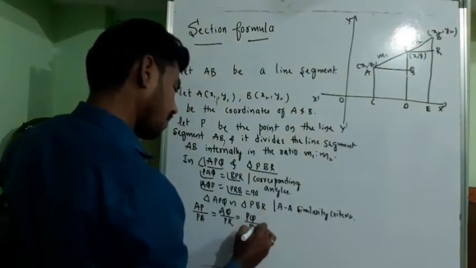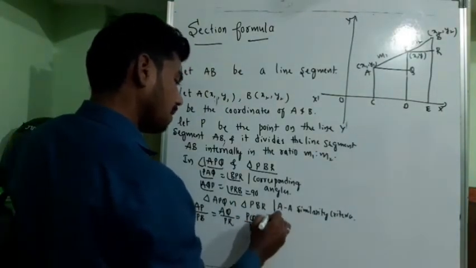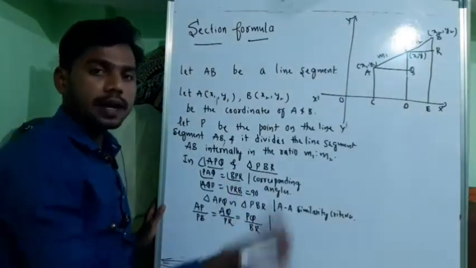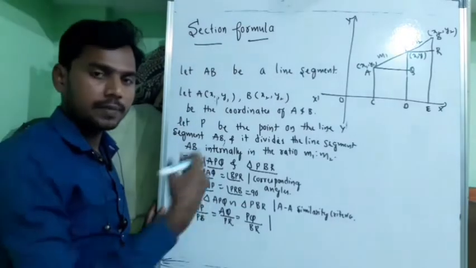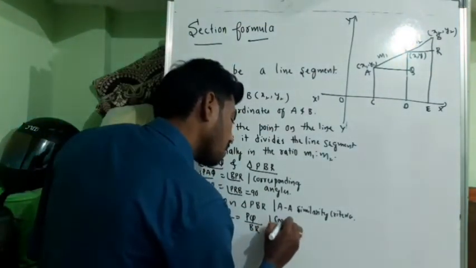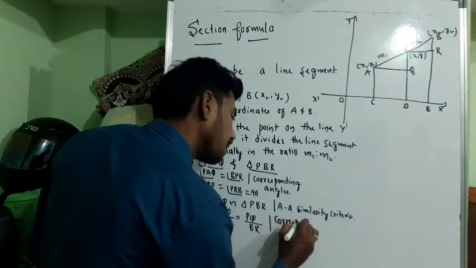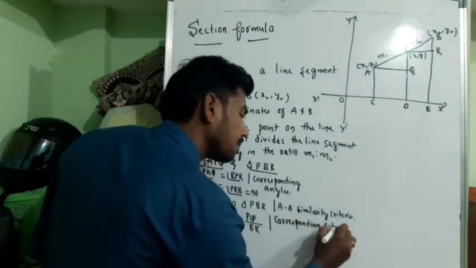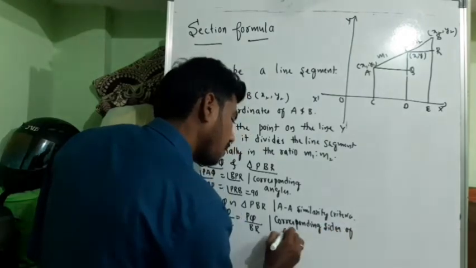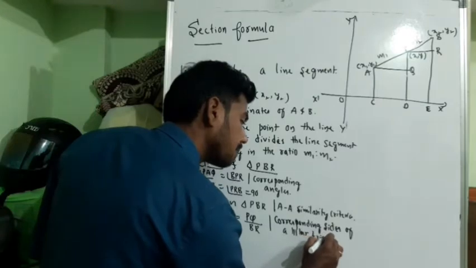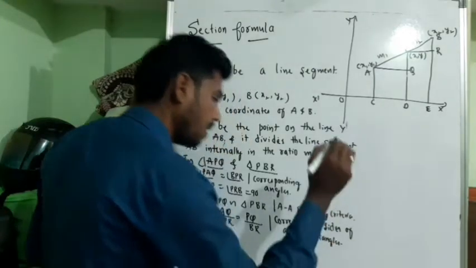This is because the corresponding sides of similar triangles are proportional. That theorem you can write as the reason.